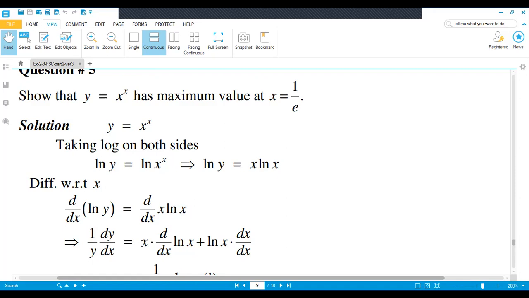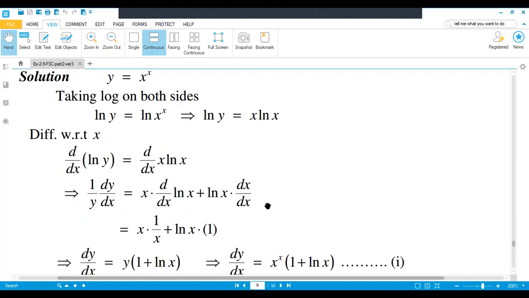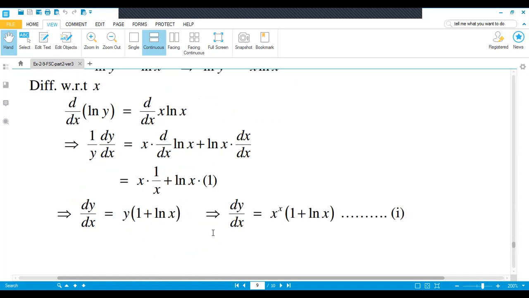Here, first term as it is, derivative of the second term, plus second term as it is, derivative of the first term, product rule. So this x we write as it is, and the derivative of natural log of x, you know, is equal to 1 over x, and this natural log of x we copy as it is, and dx by dx is equal to 1. So this x cancels with x and we get 1 plus natural log of x.